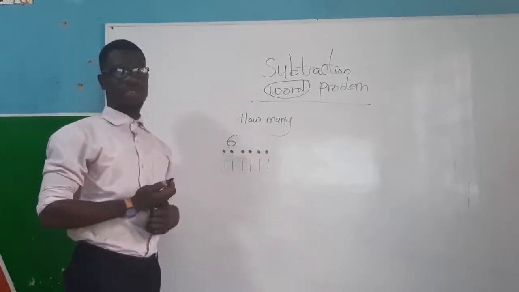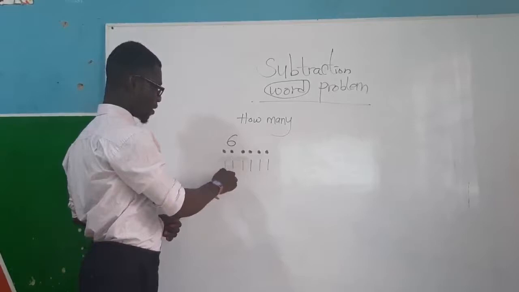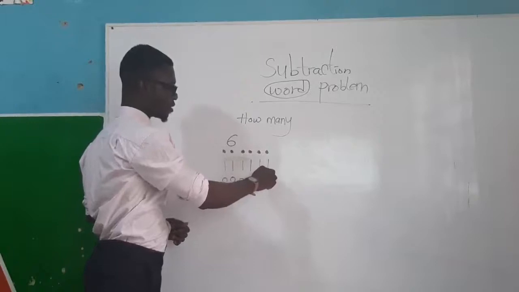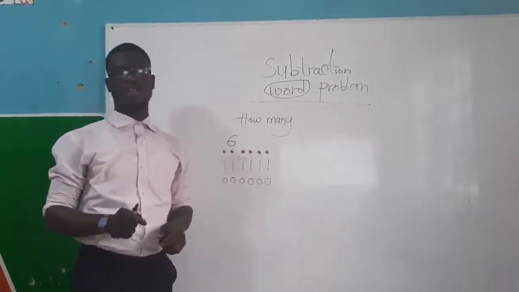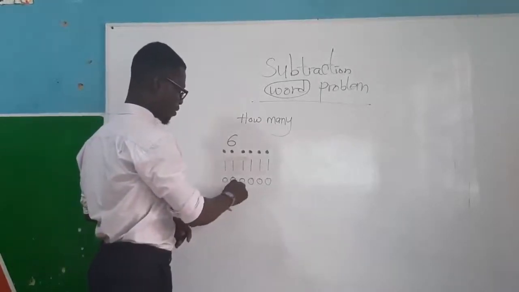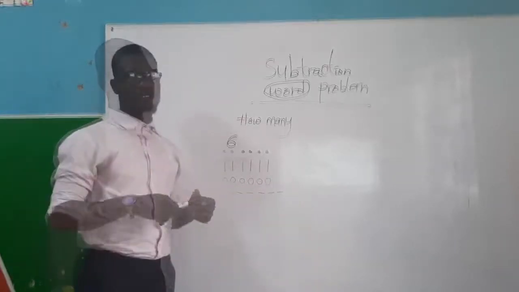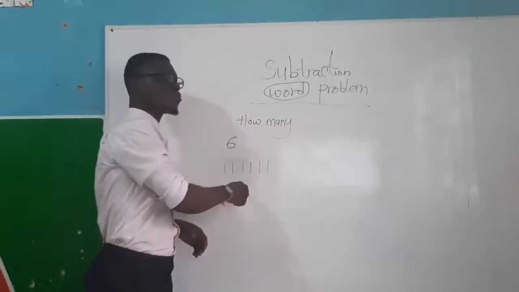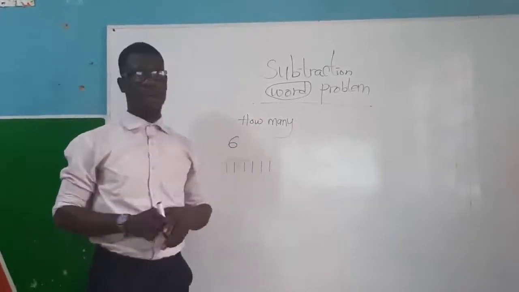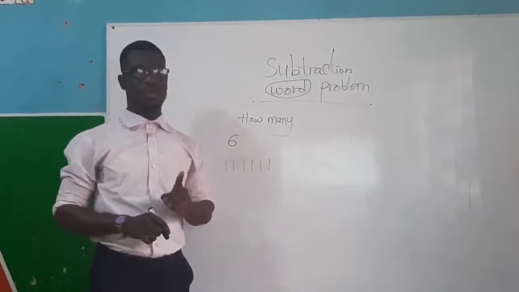You can also choose to represent it in a small circle form, which will be 1, 2, 3, 4, 5, 6. And last but not the least, you can represent it in a dash form, like 1, 2, 3, 4, 5, 6. But I prefer to use the stroke ones for today's lesson. So that is the first step that you need to do after reading your subtraction word problem.